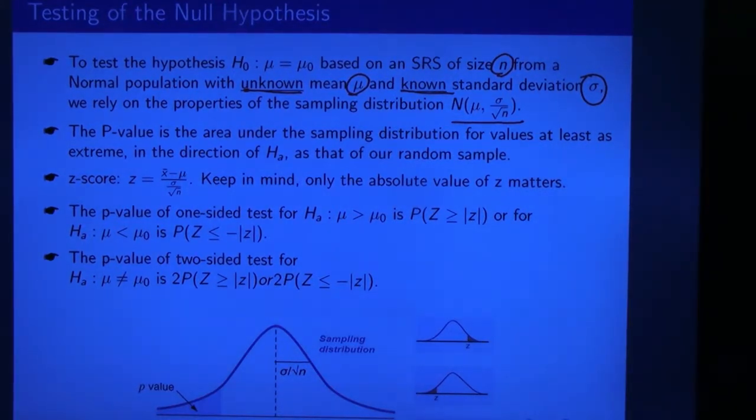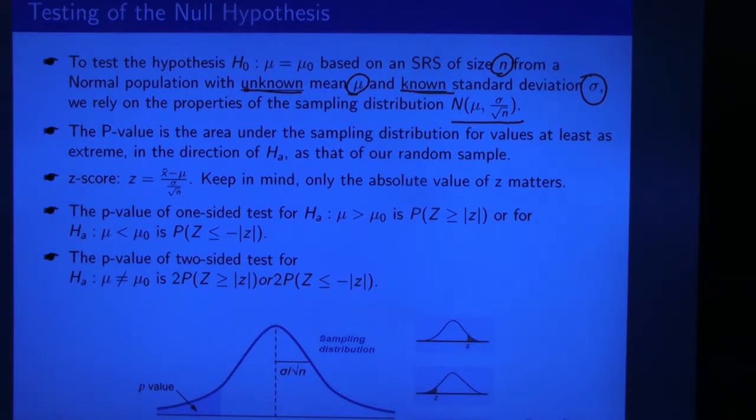The p-value, based on the definition, is the area under the sampling distribution for values at least as extreme, in the direction of the alternative hypothesis, as that of our random sample. Greater than is to the right side. Less than will be to the left-hand side. If not equal to, then it will be both sides.